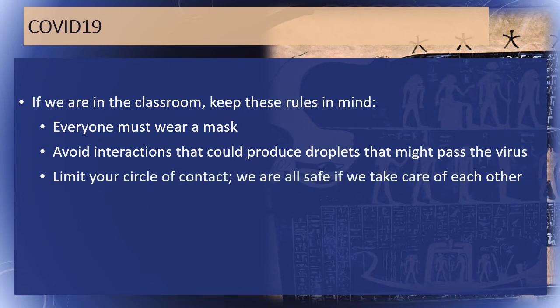Limit your circle of contact. That's one of the best ways to be safe. The more people you come into contact with, the more likely you will be in contact with someone with the virus. This virus depends on people interacting in large numbers. So you're better if your circle is small and you choose to only hang out with very specific people.